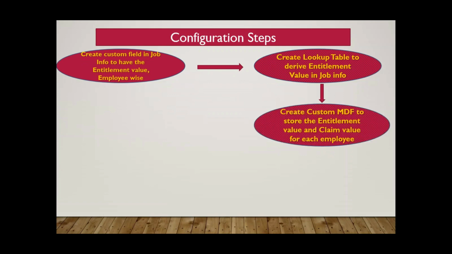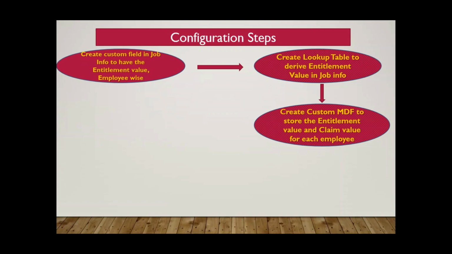Now the third step is we need to create one custom MDF. What is the purpose of this custom MDF? We display it as a claim UI, from where employees can claim their entitled uniforms and accessories. We also need to store the information, meaning what the entitlement value is, how many sets the employee has claimed, and how many sets remain available to be claimed.